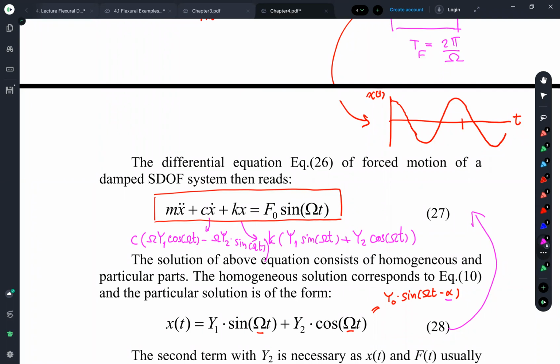Once we assume that the form of the solution of 27, x of time t, can be represented by equation number 28, the summation of the sine and the cosine term, introduce equation 28 back into equation number 27.